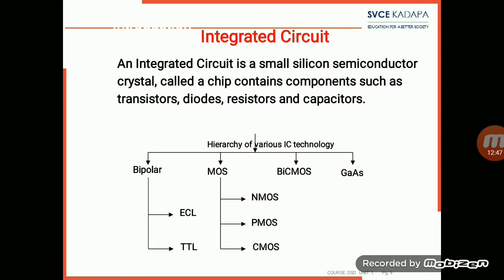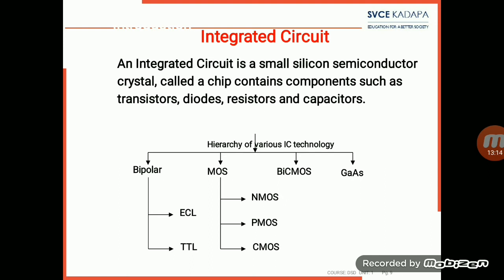Bipolar logic is also divided into two families, the ECL family and the TTL family. The ECL family is the fastest of all families. TTL is a low power consumption technology compared to ECL. Whenever you need high speed, you can go for ECL. Whenever you require less power dissipation, you can go for TTL logic.